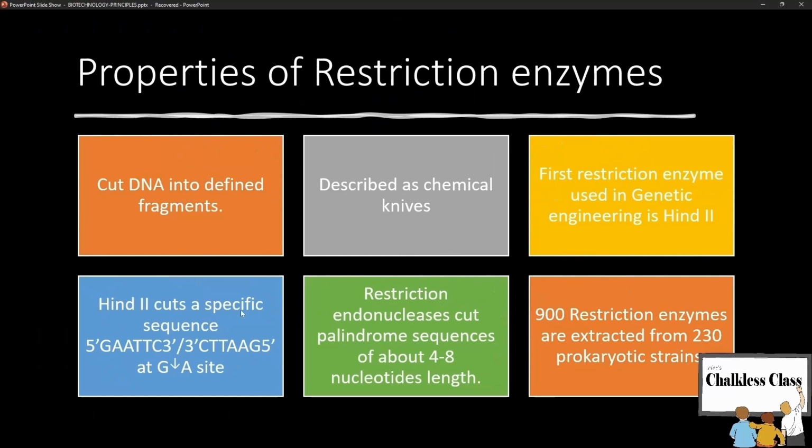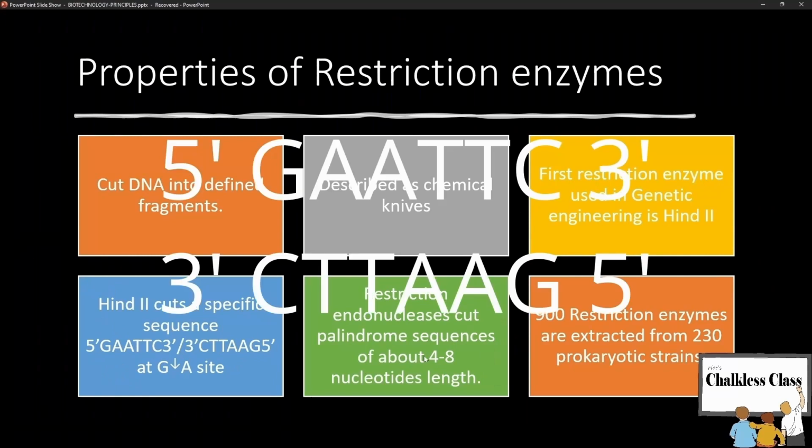And these restriction endonucleases cut palindromic sequences of about 4 to 8 nucleotides in length. Palindromic sequences are sequences that we can read from both directions. For example, let us take this palindromic sequence, GAATTC. This is the 5 to 3 direction, and look at this one, the opposite one is the same, GAATTC.